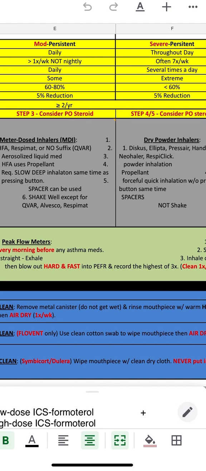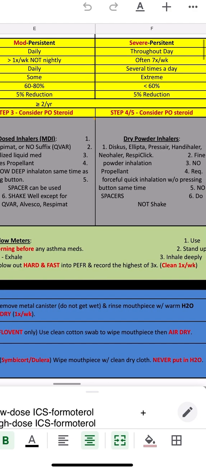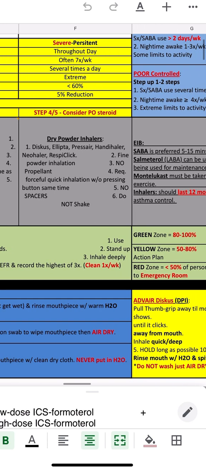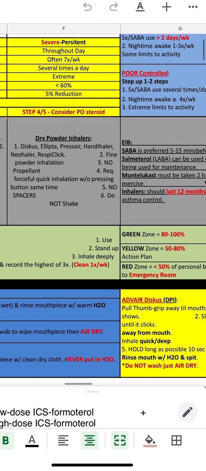Makes sense, right? You're slowly pressing down the button while you breathe slowly and deeply into your lungs. But if it's powder, you want to forcefully breathe in all that powder before it is blown away.